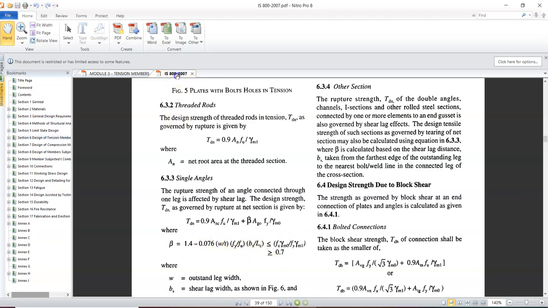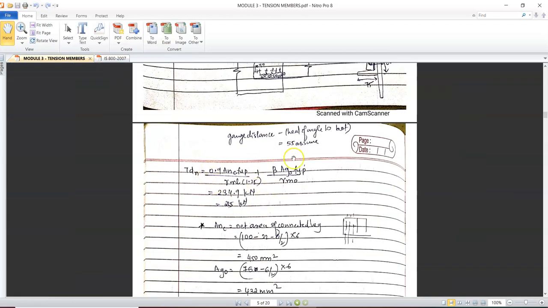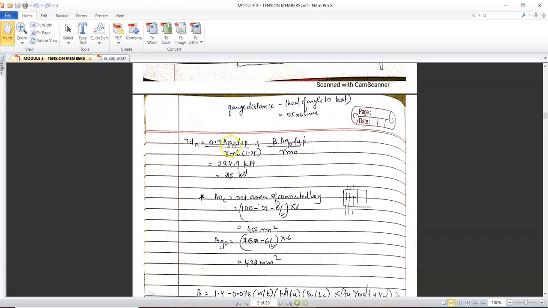We'll go one by one. So this formula is known to us, only three new things here: ANC, beta, and Ag0. The first we'll calculate is ANC, that is the net area of the connected leg.